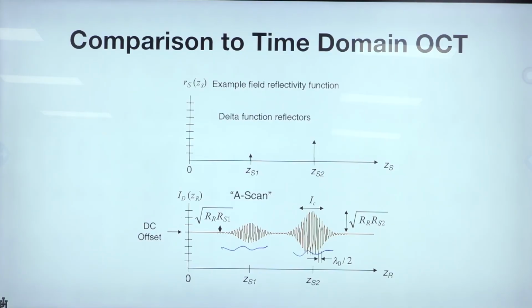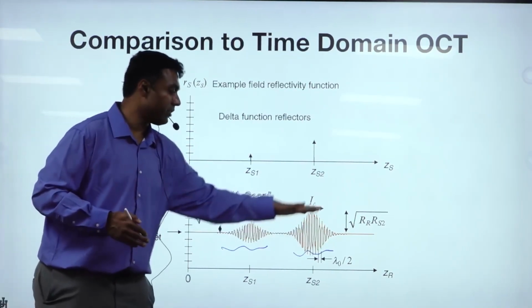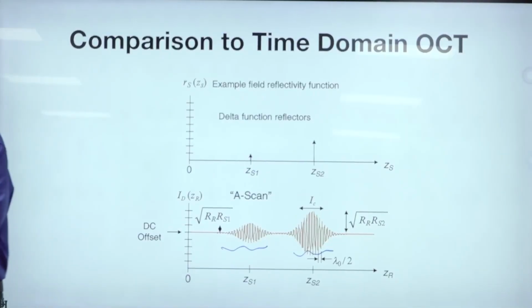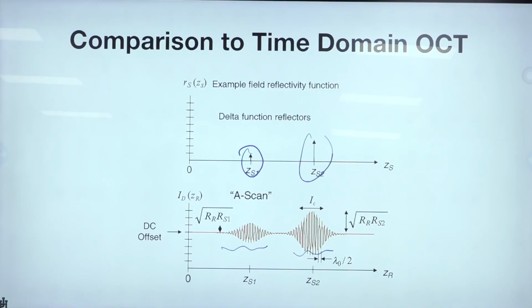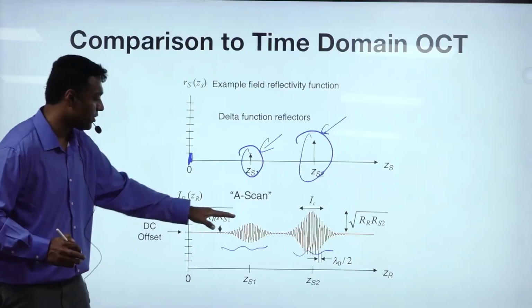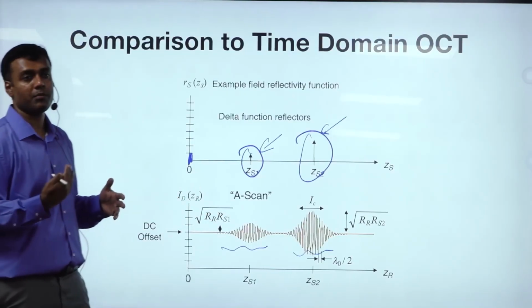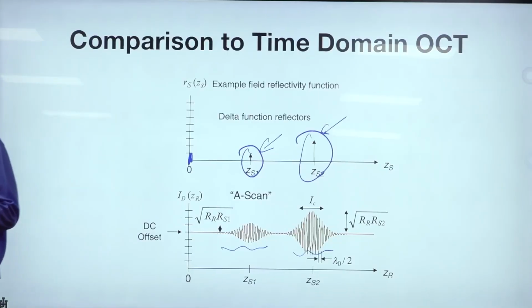The first layer will give you one coherence function, and the second one will give you a second coherence function. This is the location of the reference mirror and sample layers. So 0 is the reference mirror, this is the sample first layer, this is the sample second layer, and the height here is proportional to how much reflection or scattering happens from that particular position.